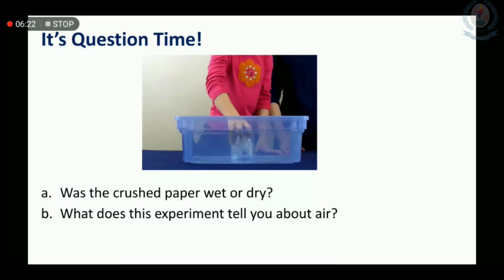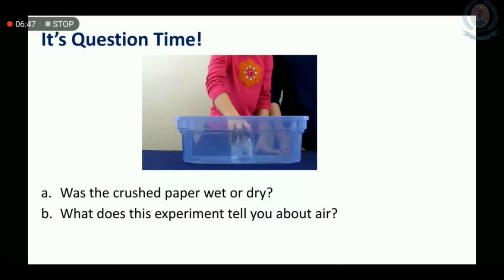Okay, next question. You have to understand these questions. They are very scientific. In this question, this is what you got to do. First of all, you have to crush a piece of paper and put it at the bottom of a transparent cup, as you can see in the diagram.